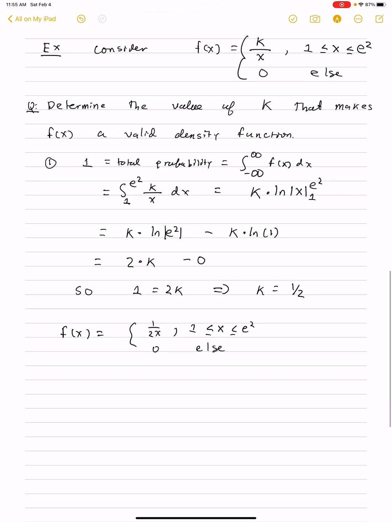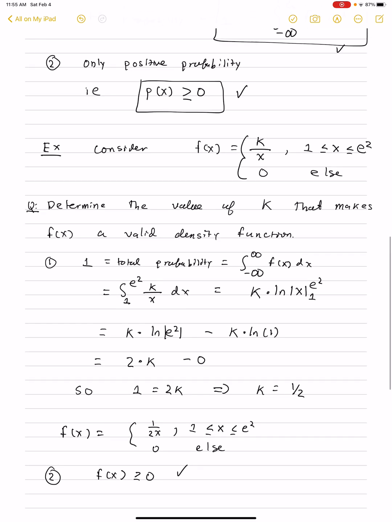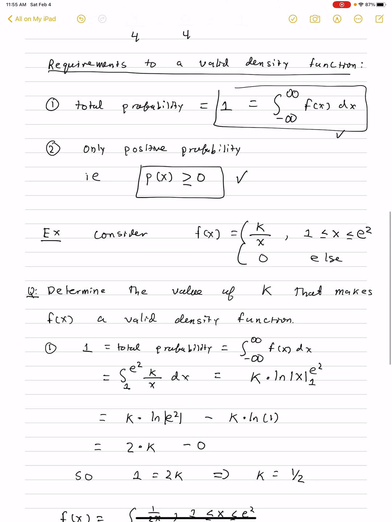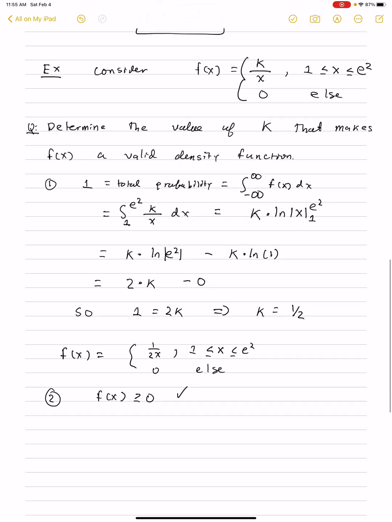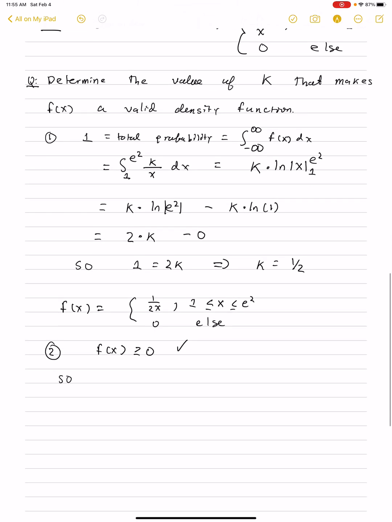The second thing I would notice is that when x is between 1 and e squared, f of x is bigger than or equal to 0, and otherwise it's 0. So we meet both criteria 1 and 2 here. Total probability is 1, only positive probability. So f of x is a valid density function.